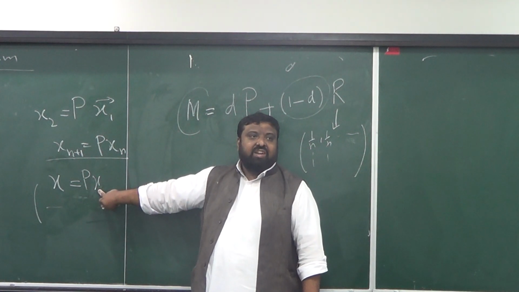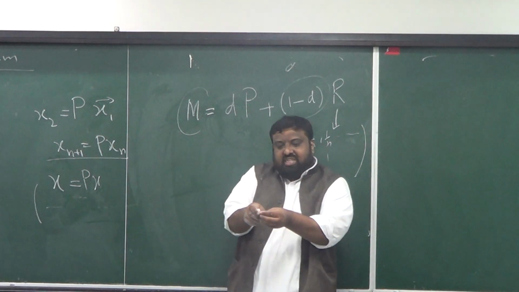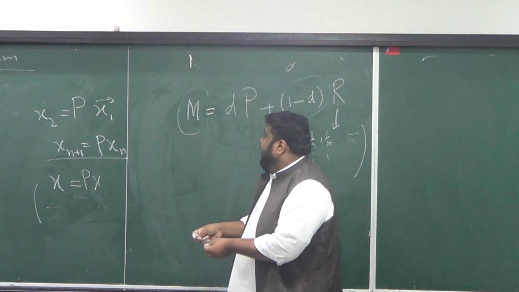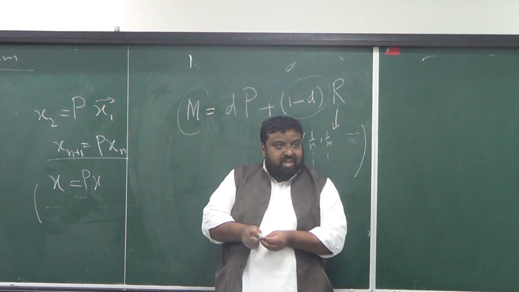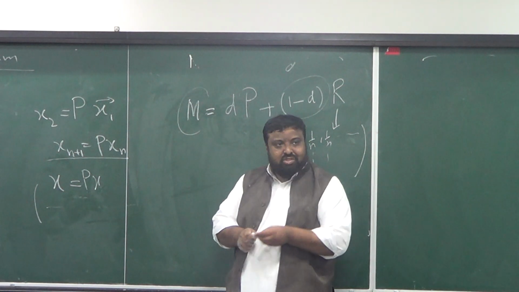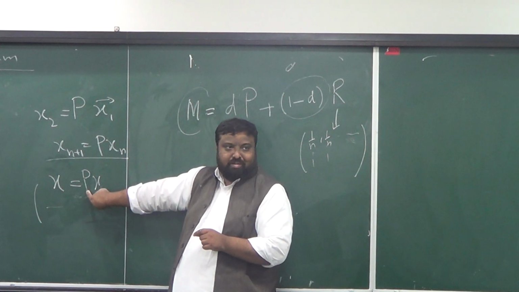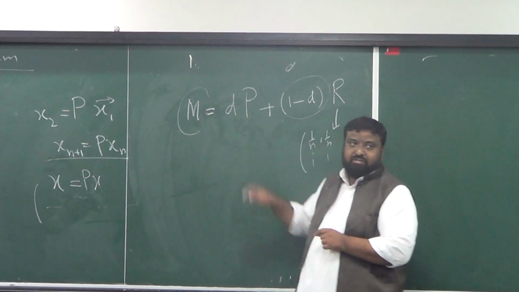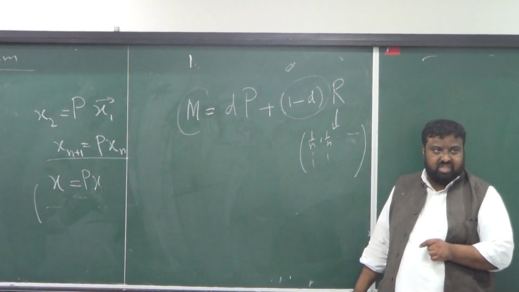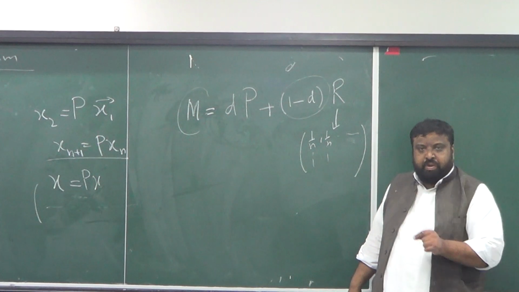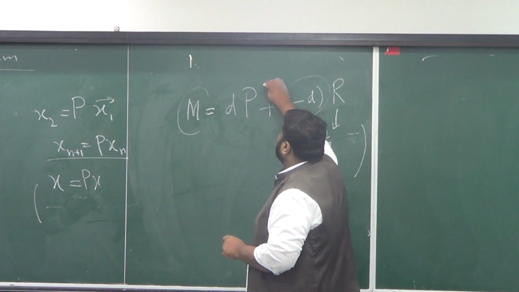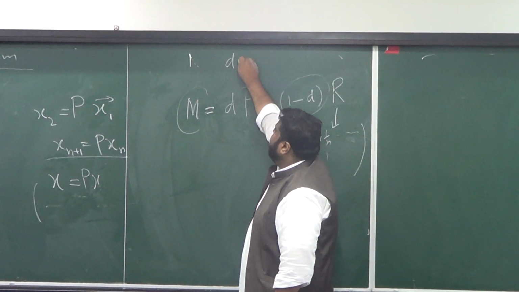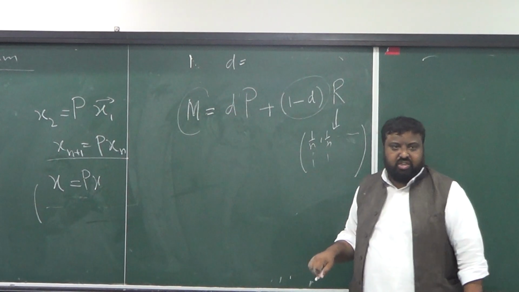This X is going to contain the ranking of the websites. And what we are saying is that the ranking of the websites produced by M is going to be very close to the ranking produced by P, because there is not much difference between M and P.